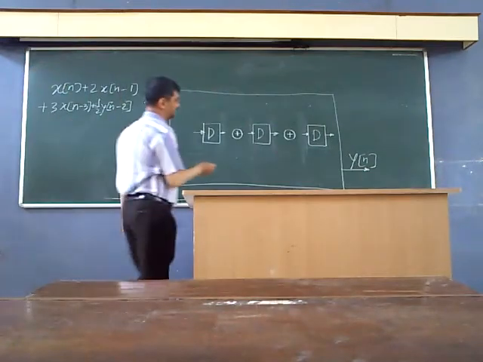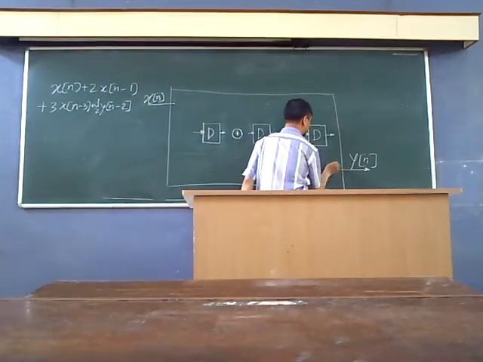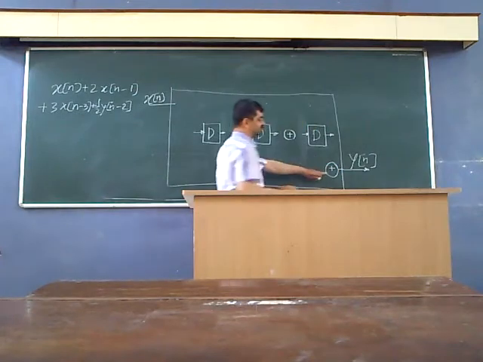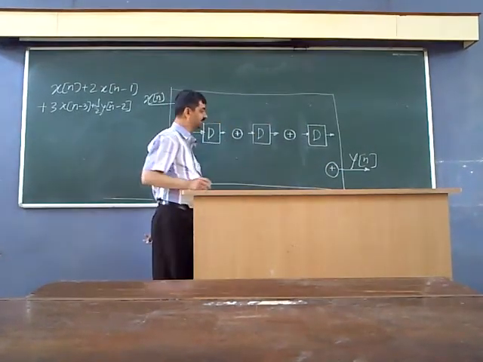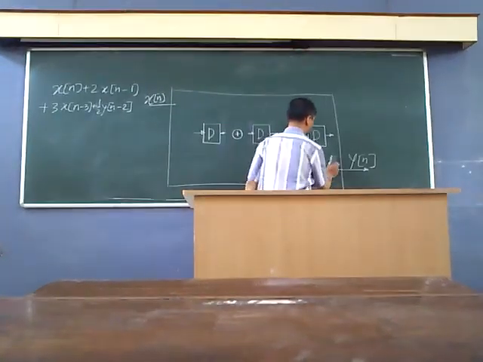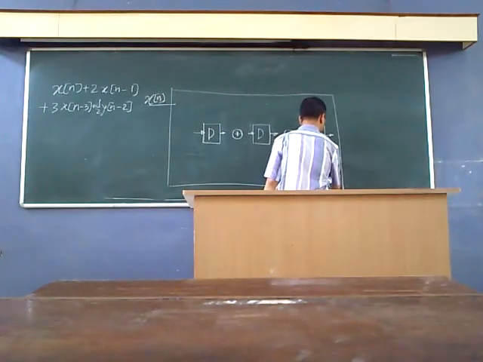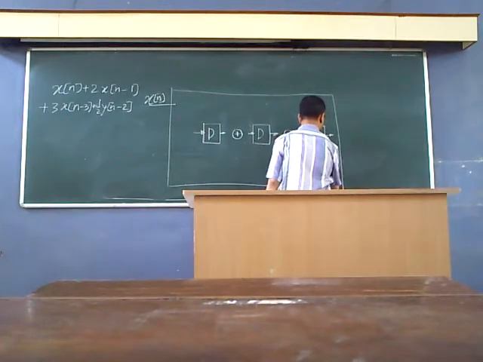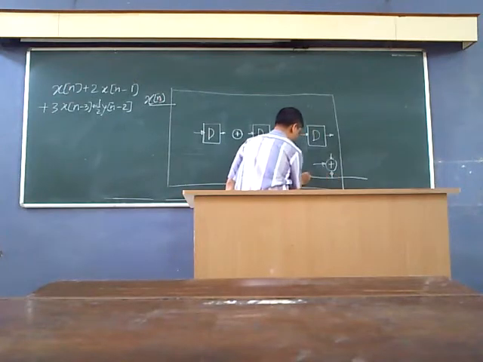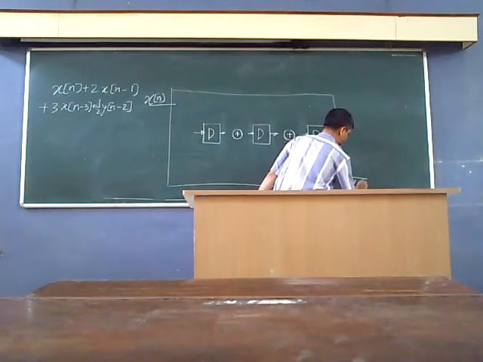And yn must be a sum of something, so a summer is required and it is the output. And there will be two inputs. The output goes here and the output is also available on this side as a feedback.